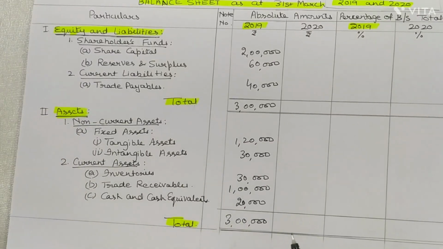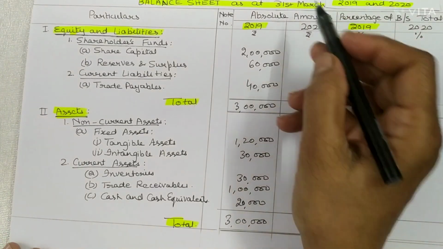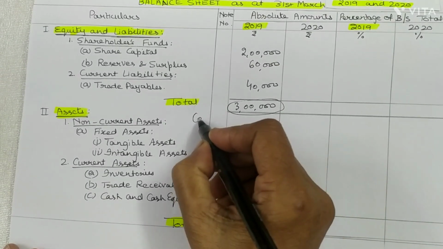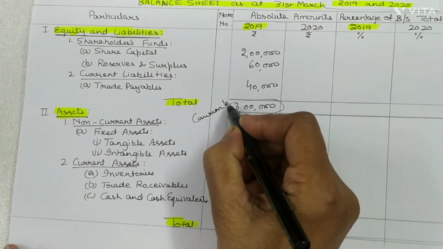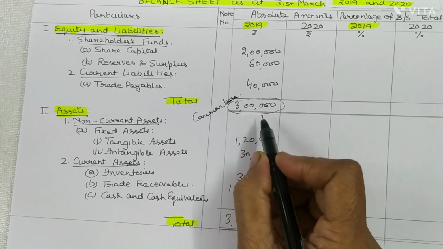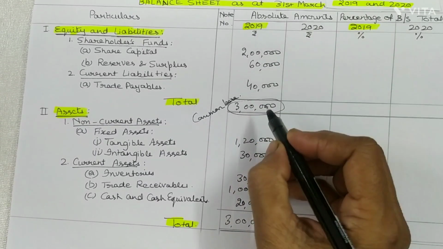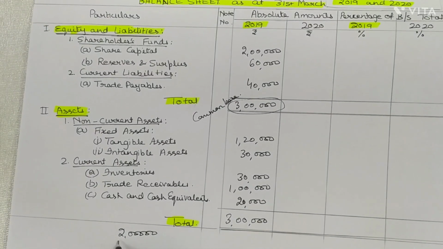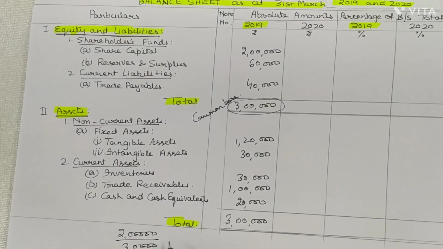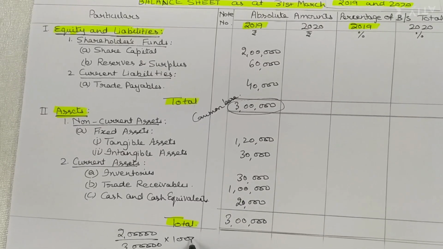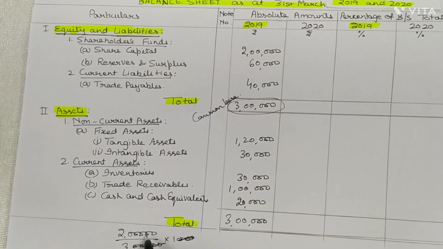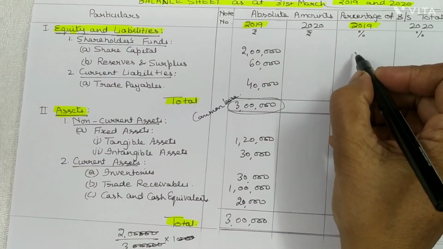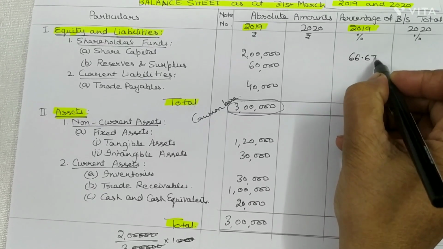As we are doing common base statement, in this case you have to take this 3 lakh as common base for previous year. Okay. So 2 lakh divided by 3 lakh into 100 is 66.67%.